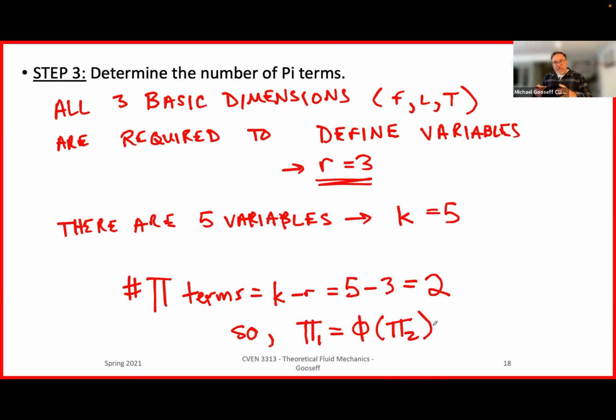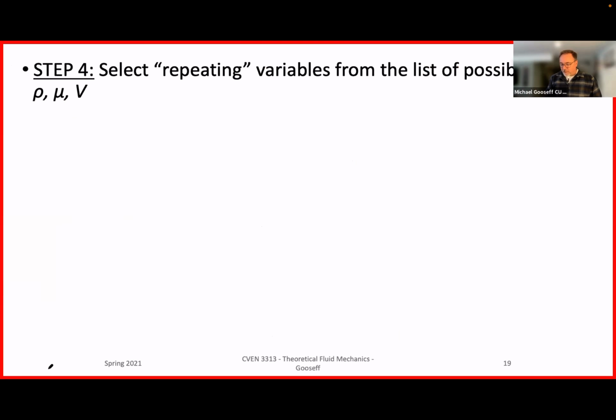And that's going to be equal to some function of this other dimensionless quantity, pi 2. It might be 5 times it. It might be 1 over it. We don't know what phi exactly represents, but phi is just some function. It just says pi 1 is going to equal 2 times pi 2, whatever. We don't know that until we do the experimental work. But we have to set this up before we can do the experimental work to figure out how they're related to each other.